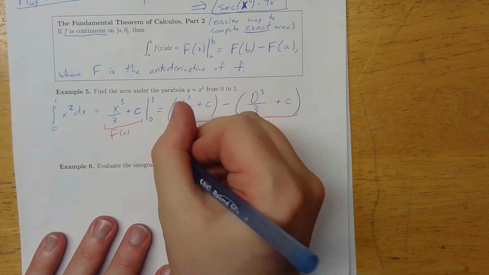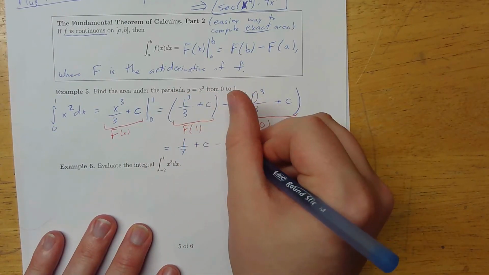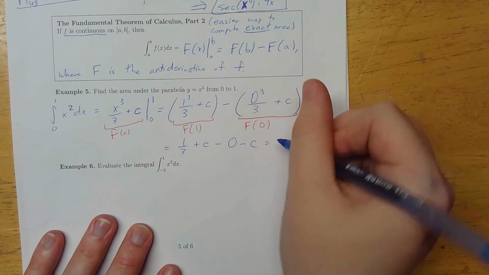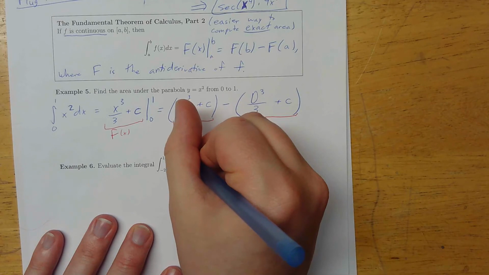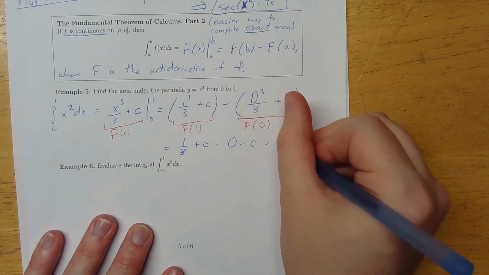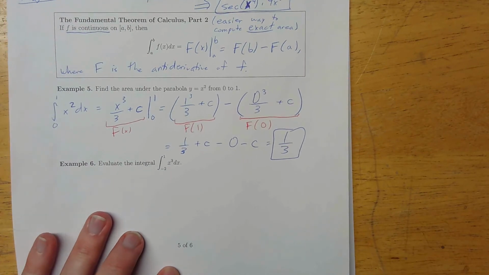And so that'll be equal to 1/3 plus c minus 0 minus c. The c's will cancel and we'll just be left with 1/3, which is what we found on our own.